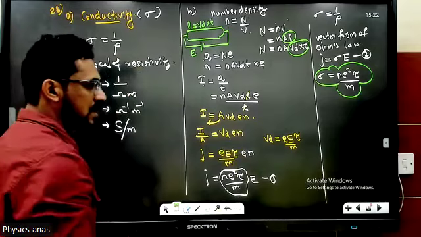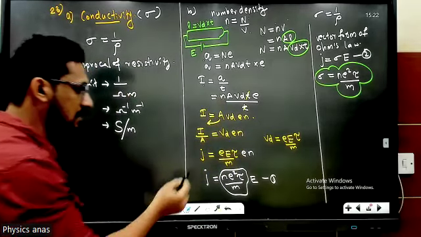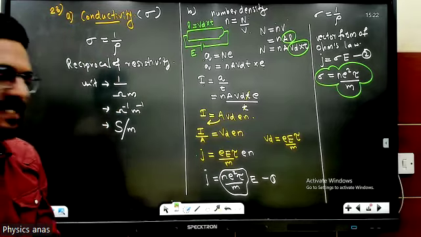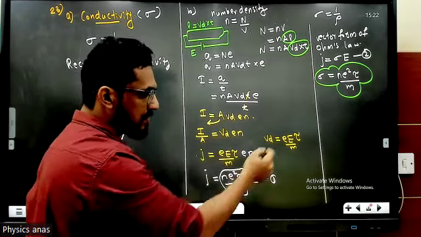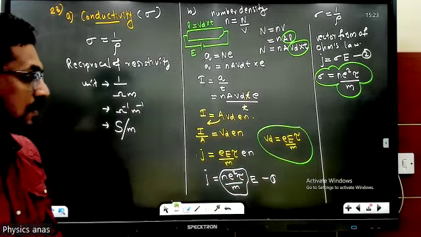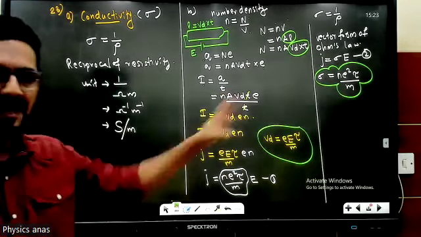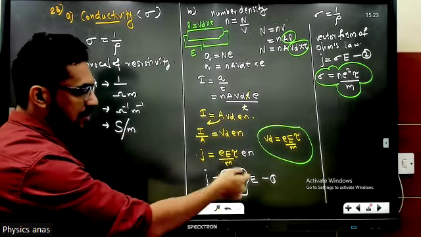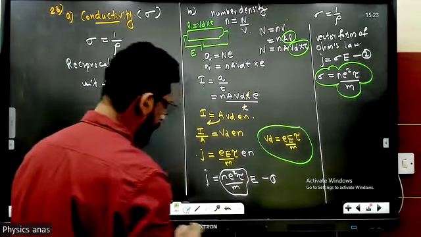From that equation, you can find I by A, which will be J. In that equation there is vD, which is eE tau by m. Writing that here, J is n e square tau by m into E. That is our first equation.